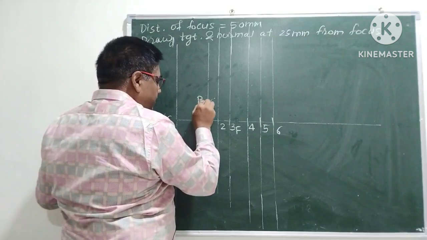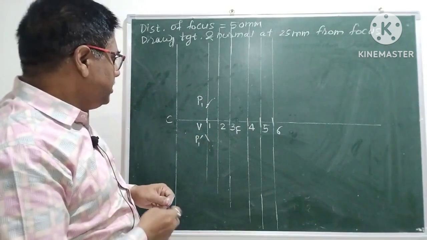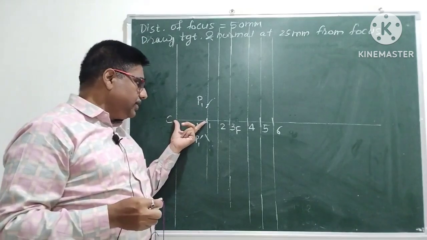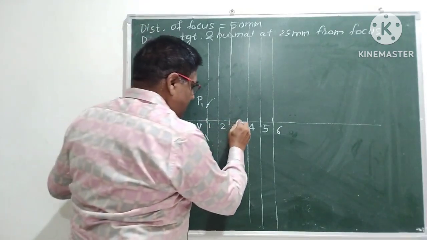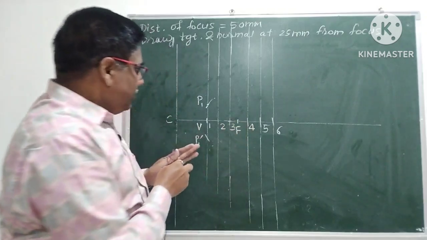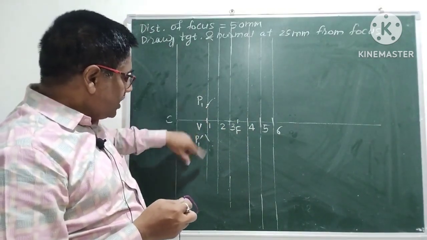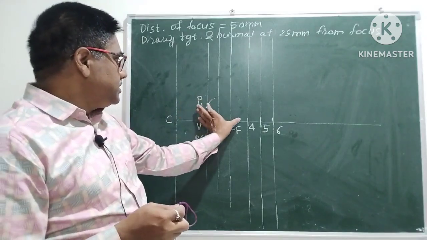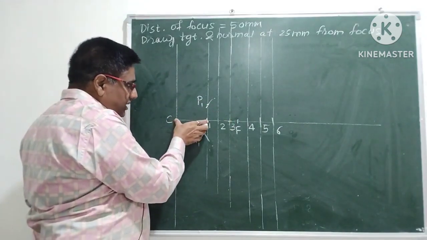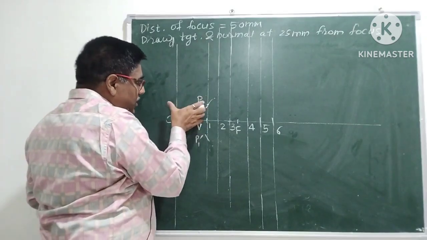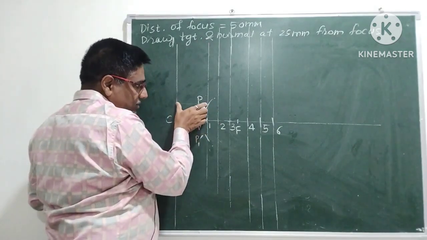Call this point P1 and this point P1 dash. What distance have we taken? C1 distance. And by taking F as the center, we cut this first vertical line on either side. This distance P1F is equal to C1, and the distance of this point from the directrix is also C1.